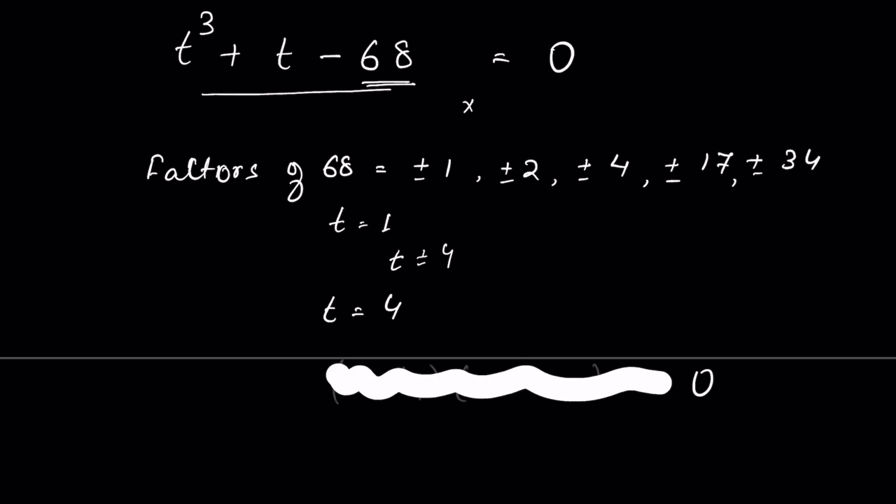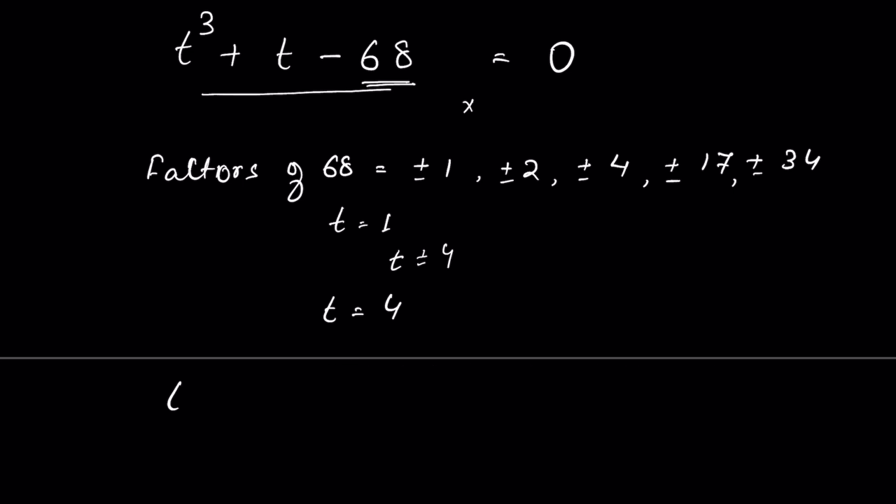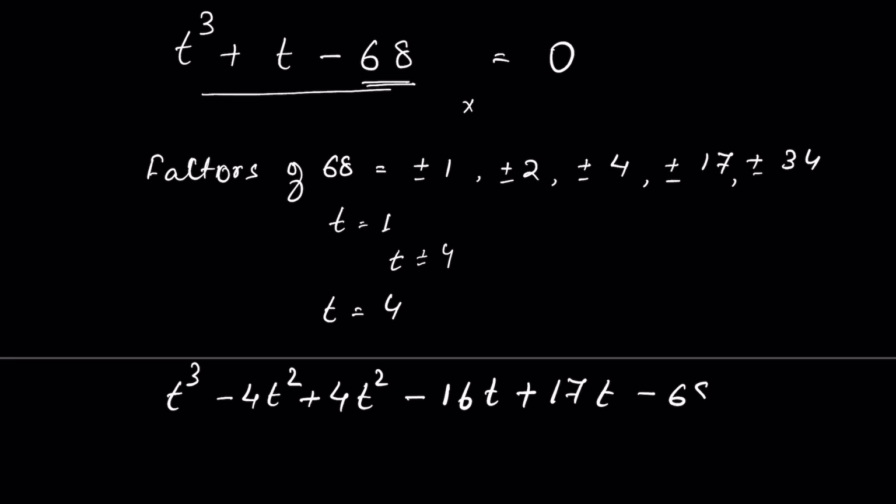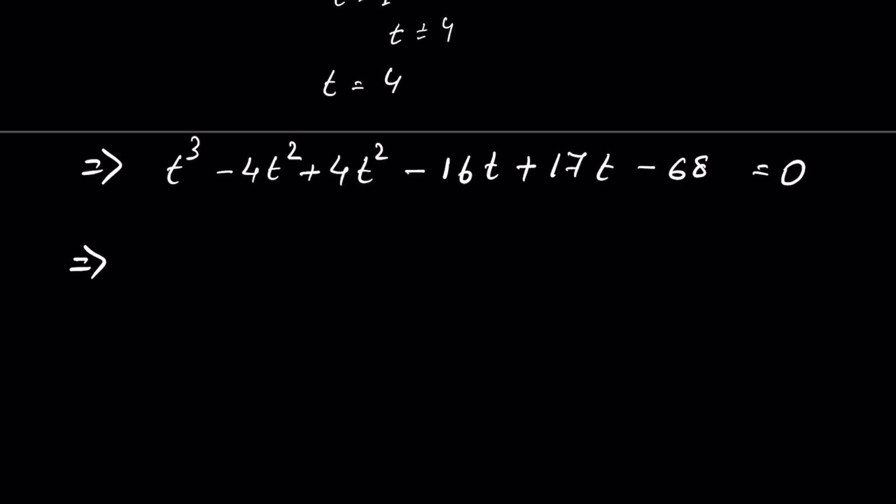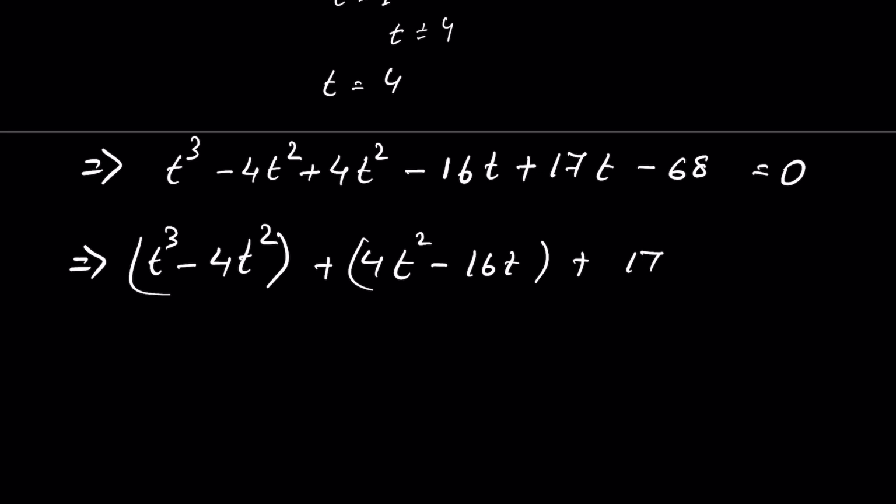Now how to factorize it? Let's write t cube and add here minus 4t square plus 4t square, it is equal to 0, so no difference in the equation, plus for t as minus 16t plus 17t, minus 68 is equal to 0. Now let's write this together, t cube minus 4t square plus 4t square minus 16t plus 17t minus 68 is equal to 0.